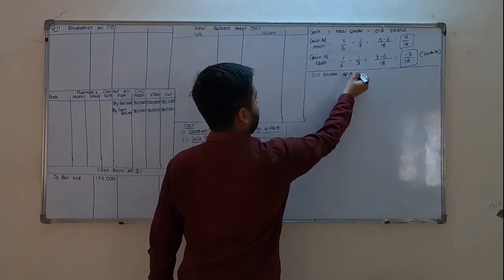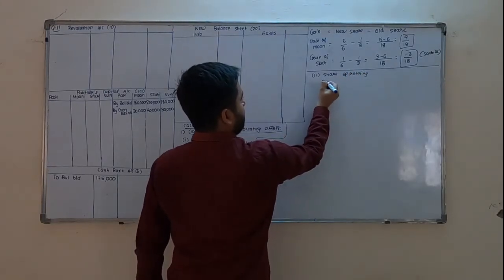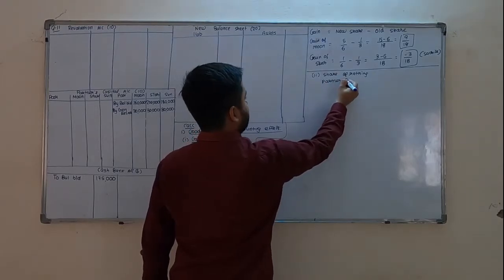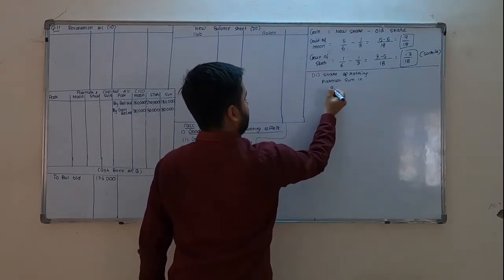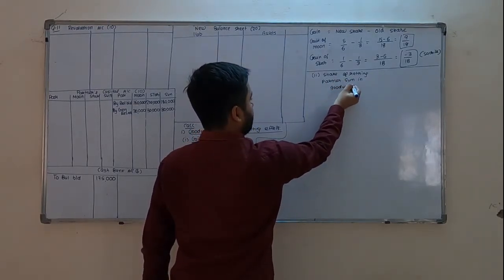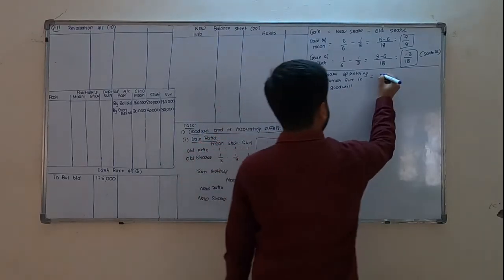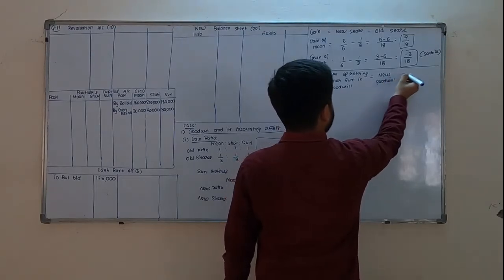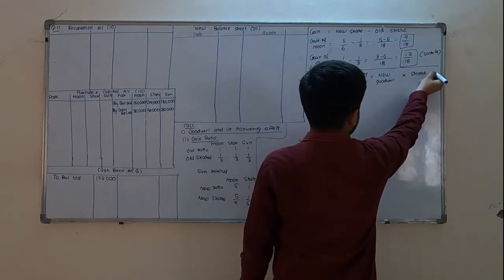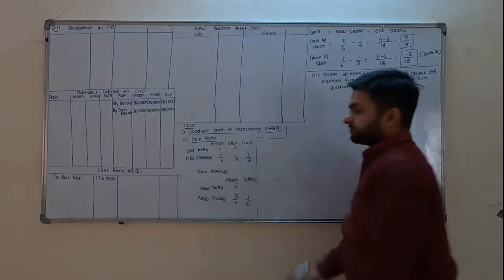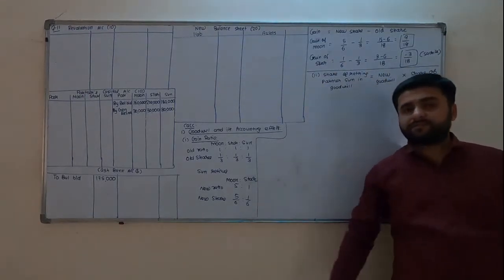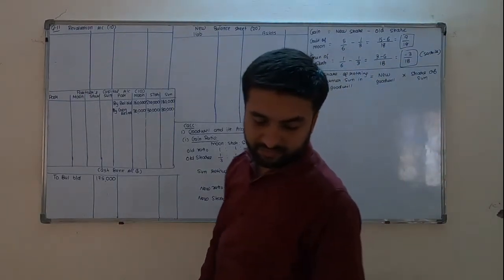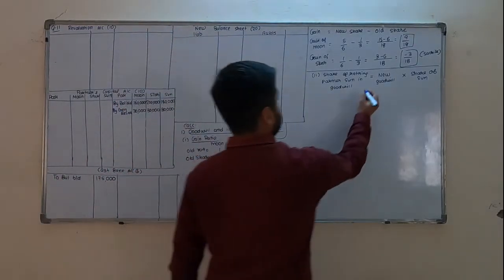Share of retiring partner Sun in goodwill is equal to new goodwill into share of Sun, where share of Sun is 1/3 and goodwill from the first adjustment 60,000.